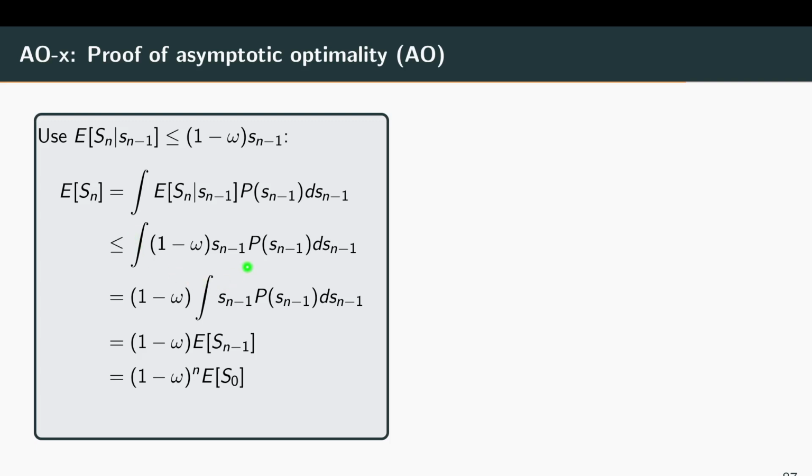Now we have an integral. This omega is just some scalar value, so we can move it out of the integral, and the rest stays the same, right? So we just copied it again.